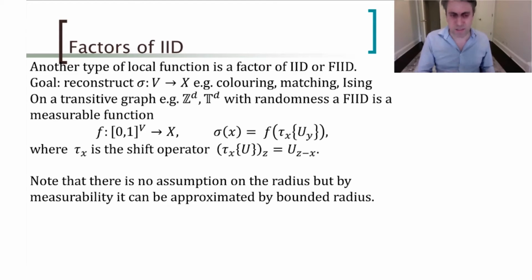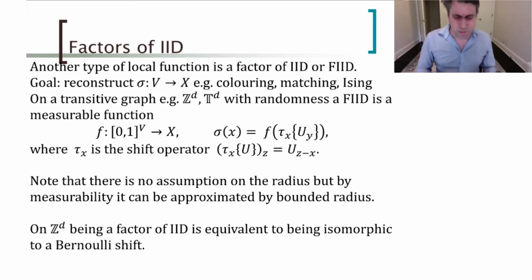So the connection between factors of IID and local functions is that any local function would be a factor of IID, and any factor of IID can be well approximated by local functions. And these come up in the study of dynamical systems because being a factor of IID on Z^d is equivalent to being isomorphic to a Bernoulli shift. So they're related to the classification of dynamical systems.